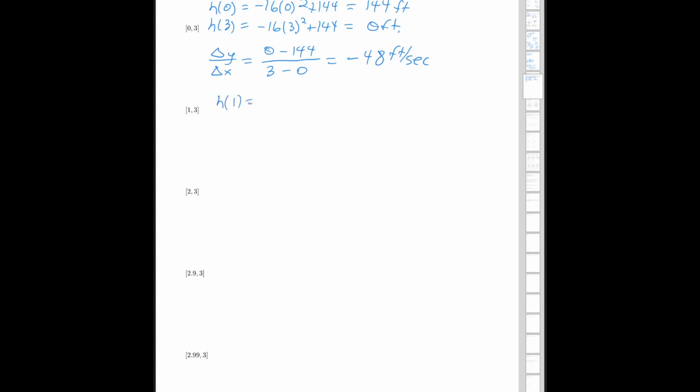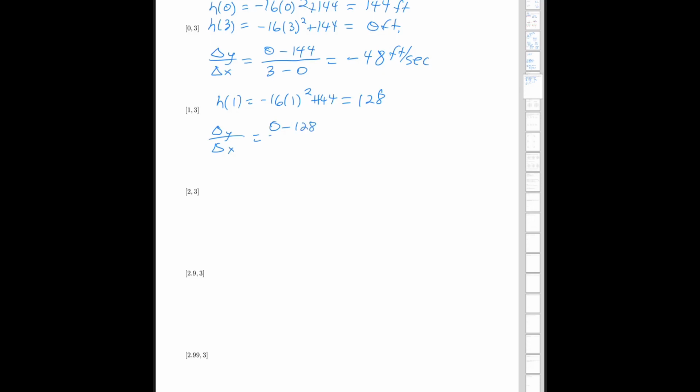So we start by finding h of 1, which is negative 16 times 1 squared plus 144, which is 128. And then we can plug it into the average rate of change. So once again, at time 3, the height is 0 feet.